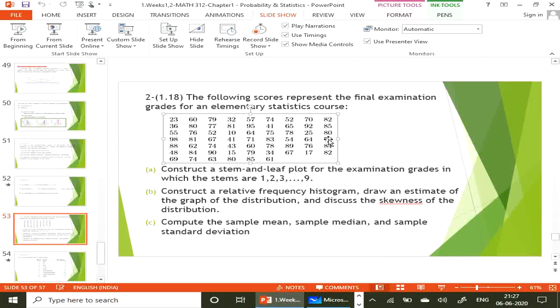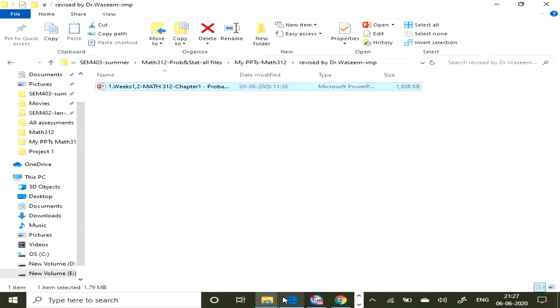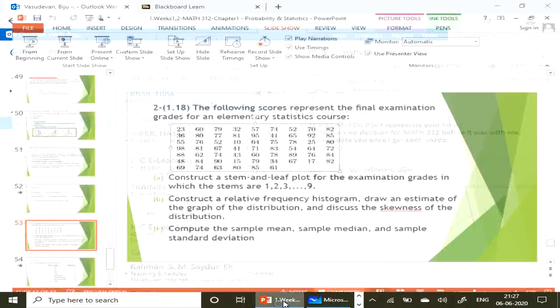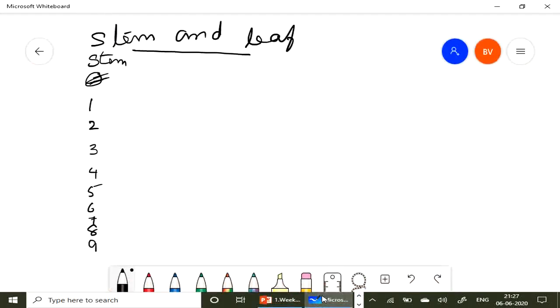Is that all? 10, 15 here. 10, 15 and 17. There are 3. So 1 is stem, leaf is 10, 15, 17. So 1, 0 will be 10, 1, 5 will be 15. So 3 leaves we found.